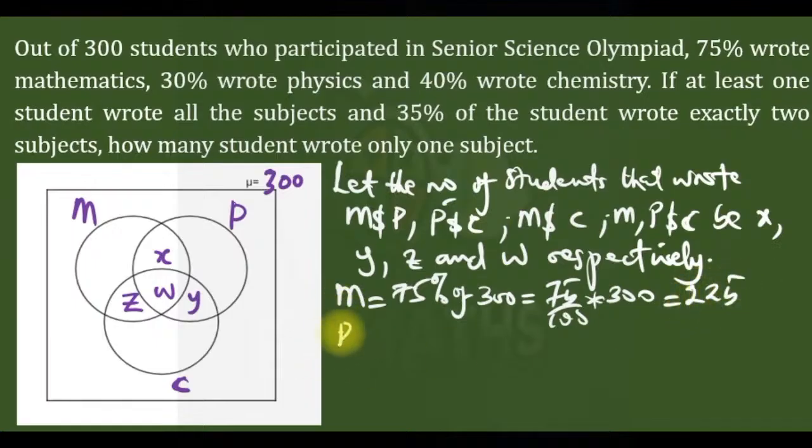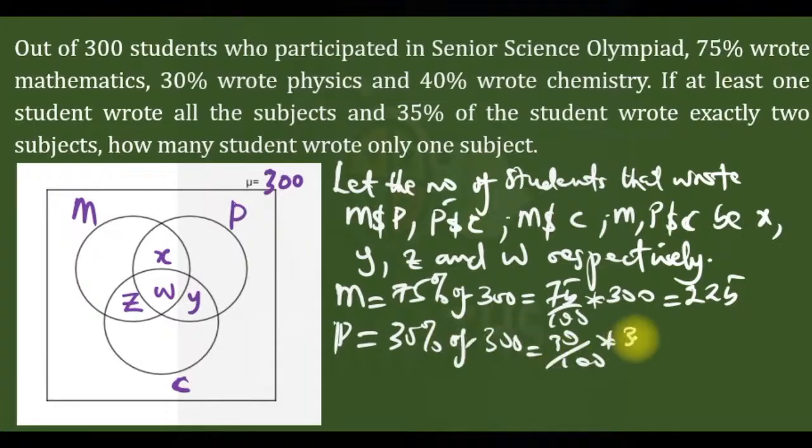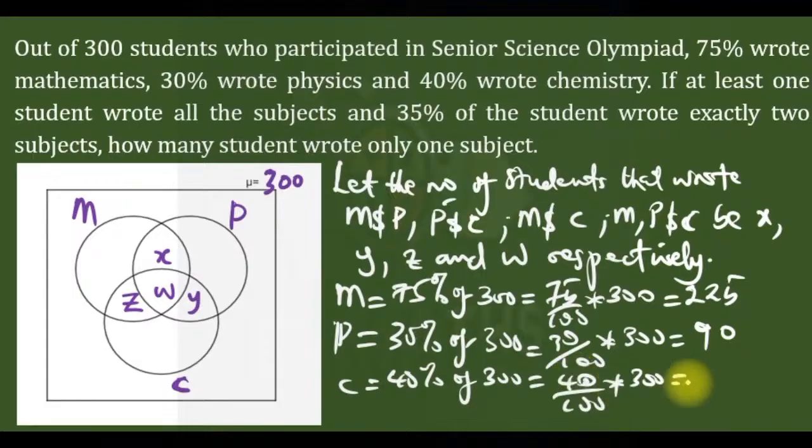Physics is 30%, so 30% of 300, which is 30 over 100 times 300. So we have 90. Finally chemistry, they said 40%, so 40% of 300 is 40 over 100 times 300, so we have 120.